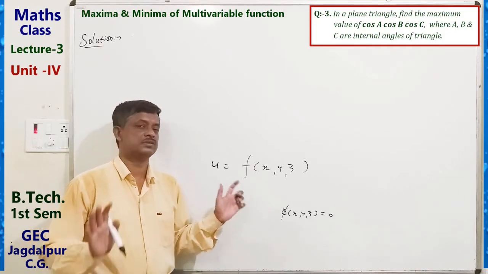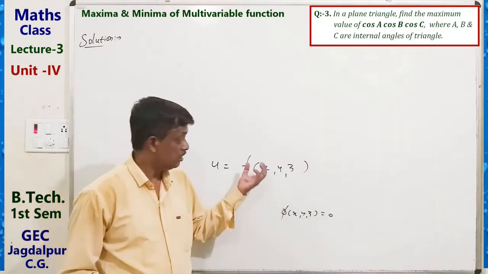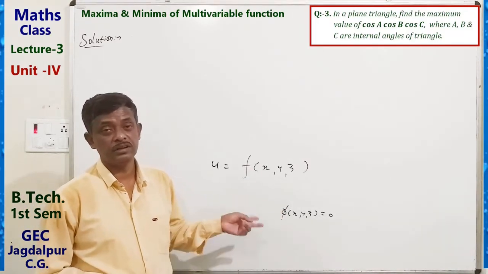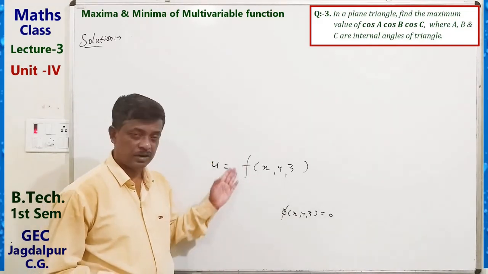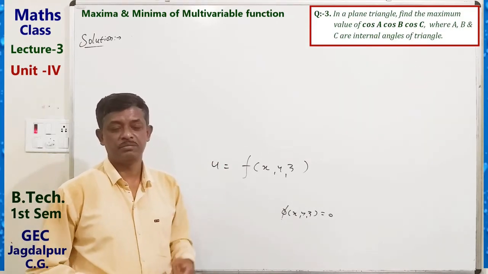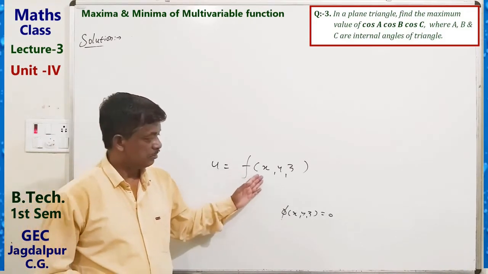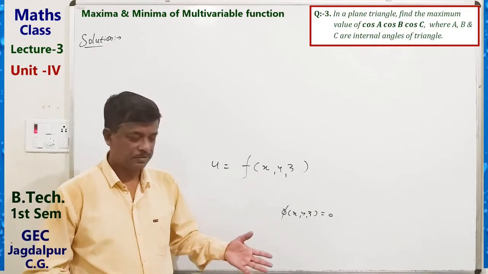So in the first case, whenever we have a function in three variables, just try to convert it into a function of two variables, and then try to identify maximum and minimum values.